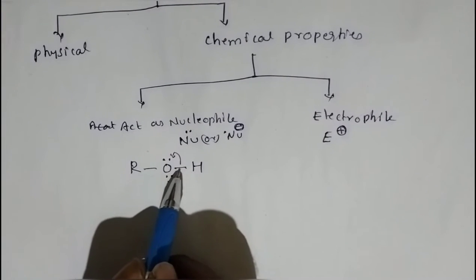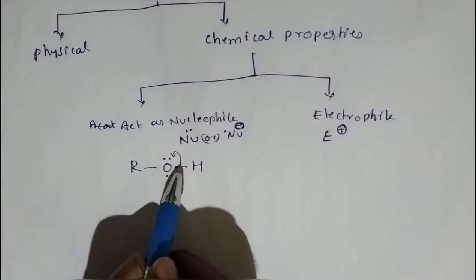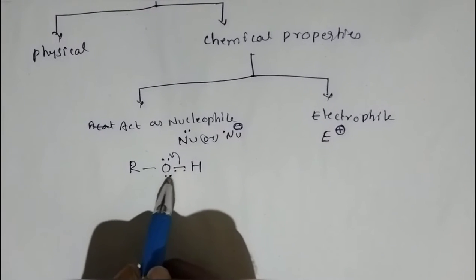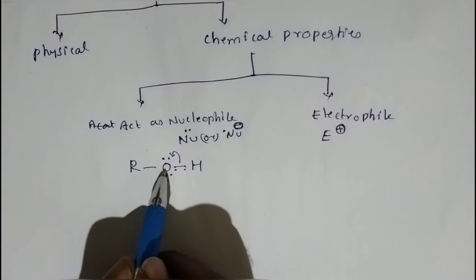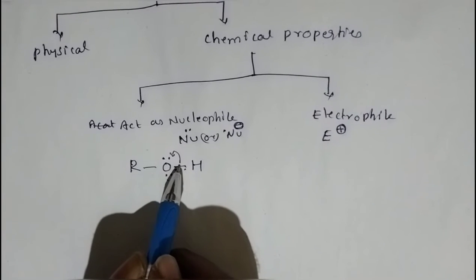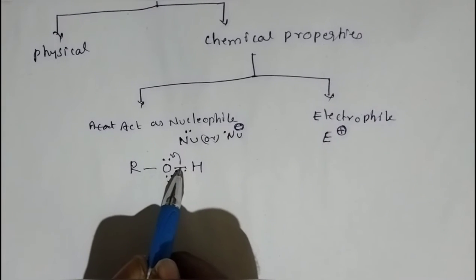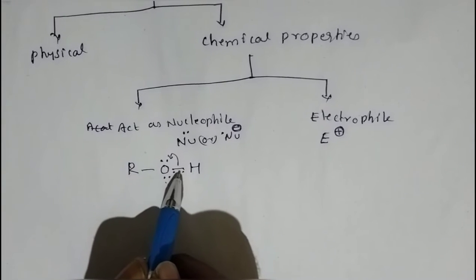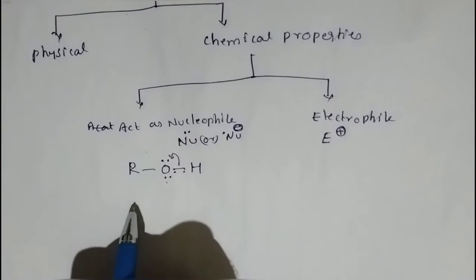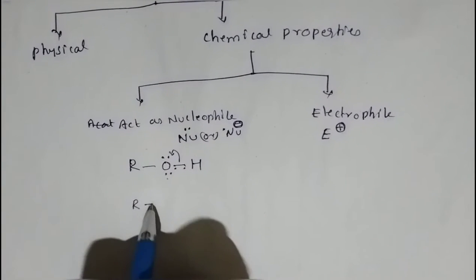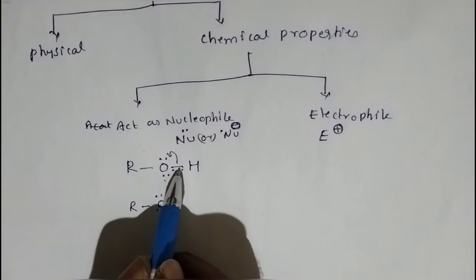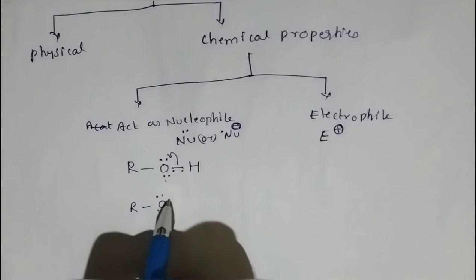Here in this bond, two electrons are present. Because of more electronegativity, this oxygen atom accepts the electrons from this bond. Oxygen already has 4 electrons. Once it receives the bonded electrons, it becomes 6.